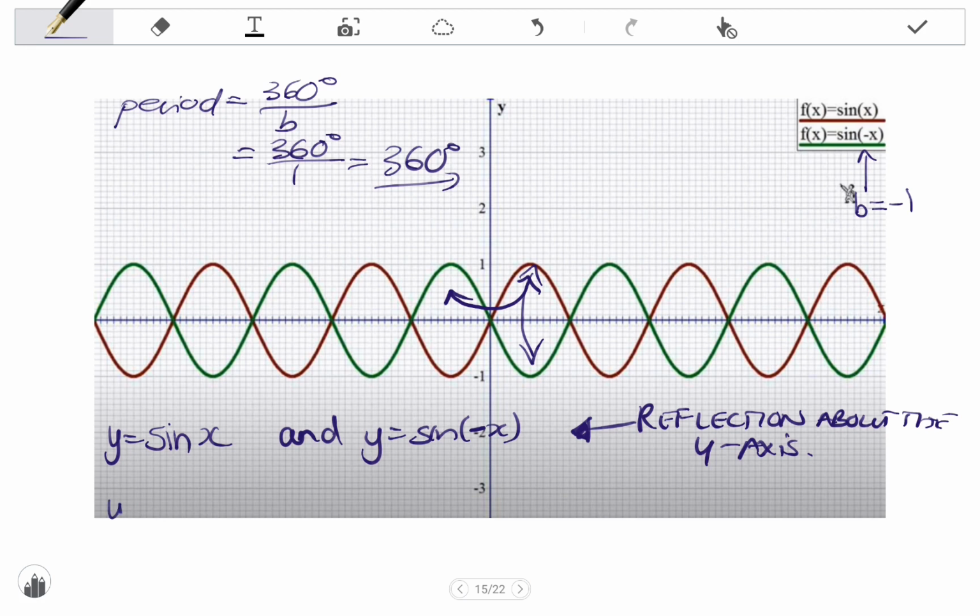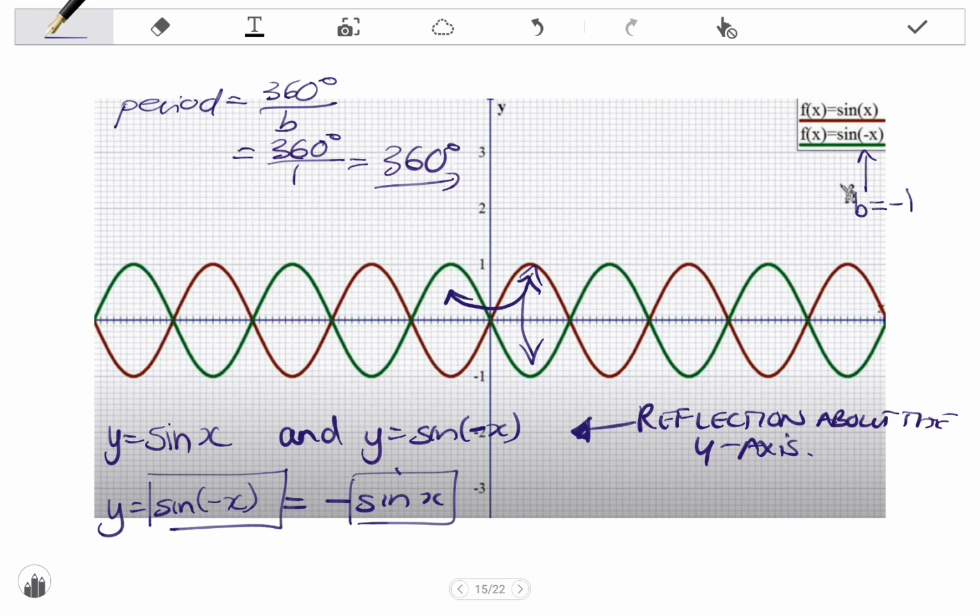But we also know that y equals sine negative x is the same as negative sine x, which we know from negative angle reduction. Now here we are going from a positive y value to a negative y value.